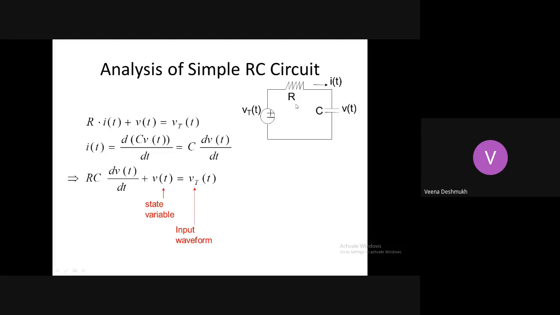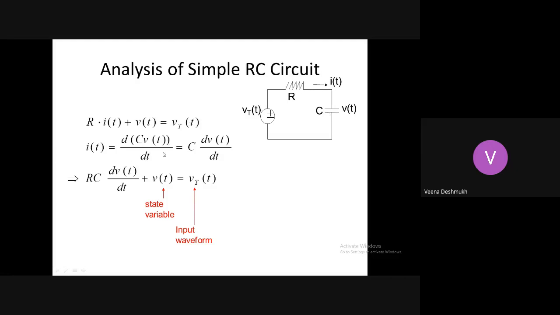And you can write KVL as the voltage V of t, the supply voltage or the causal voltage or the input voltage or the driving force. All of them mean the same. It is equal to the drop across the resistance and the voltage developed across the capacitor.